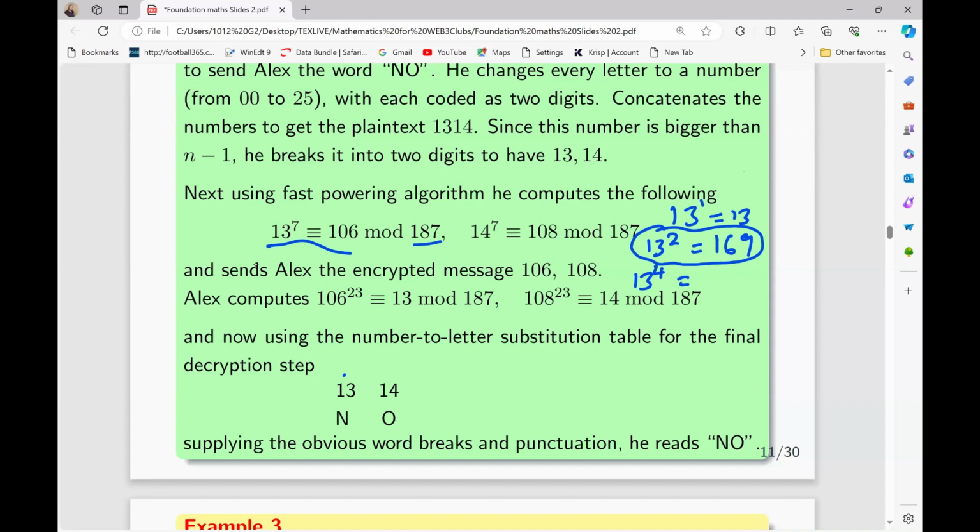I use my calculator. 169 times 169, you get 28,561. Then divided by the mod, which is 187, it goes 152 times. Get the remainder. The remainder is 137.